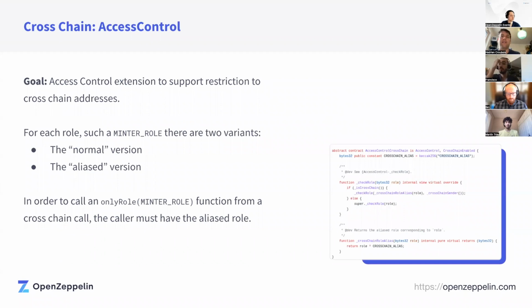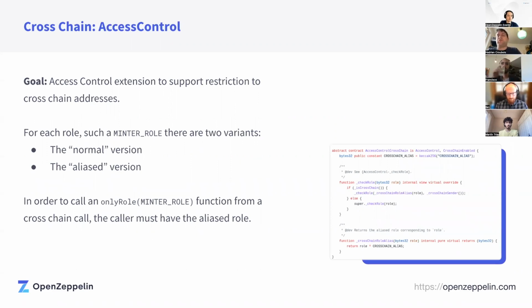Next slide is about a specific instance of the cross-chain ecosystem contract, which is access control, and we are pushing for access control because we think it's a really good design for building access restriction into your contract in a much more versatile way than just the Ownable mechanism that is more classical.